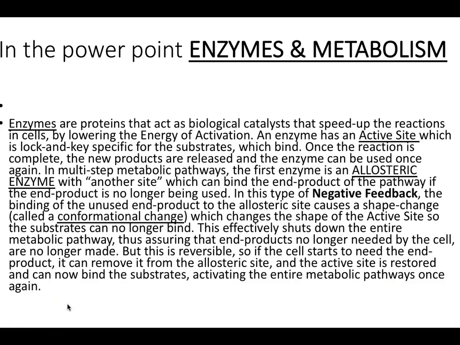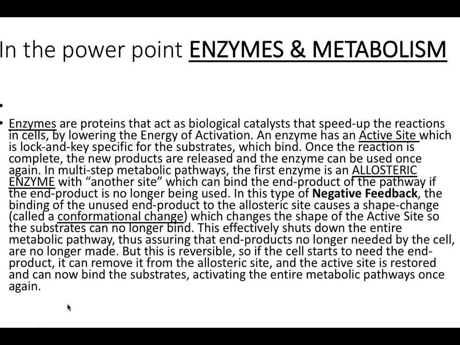So, since each step of this metabolic reaction depends on a product that can specifically bind, if the end product binds to the allosteric site on that first enzyme, it's going to change that active site and that enzyme will no longer work. And then if that enzyme doesn't work, then you don't make the product for enzyme 2 and so forth and so on. So it's a very sophisticated, very easy way of shutting down a pathway, but it's reversible.